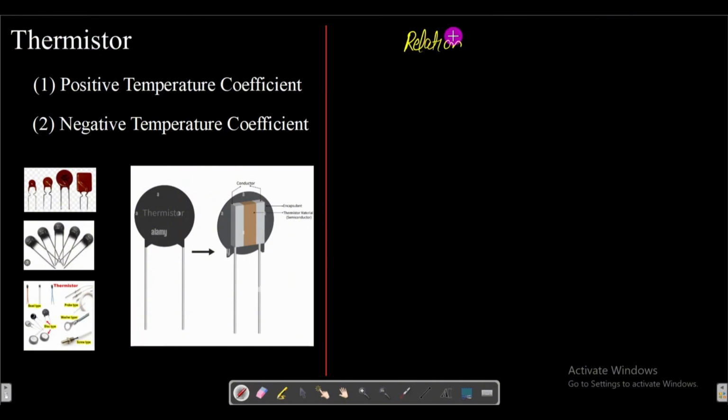The relation of temperature and resistance is different for different natures of material.